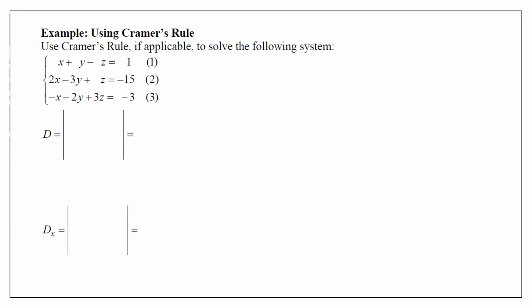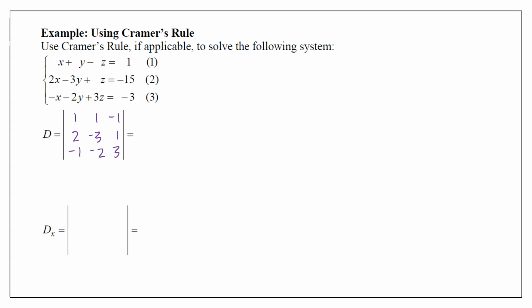So now the next thing is to find our determinant, d. So we're going to take the coefficients of all of our variables and place them within our vertical bars. So we have 1, 2, negative 1, 1, negative 3, negative 2, negative 1, 1, and 3. Okay.